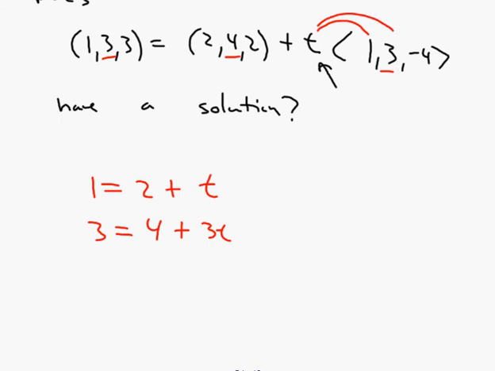So then lastly, let's use a different color here. I want the z components to all equal each other. Right? So what do I get here? I get 3 equals 2 plus negative 4t.